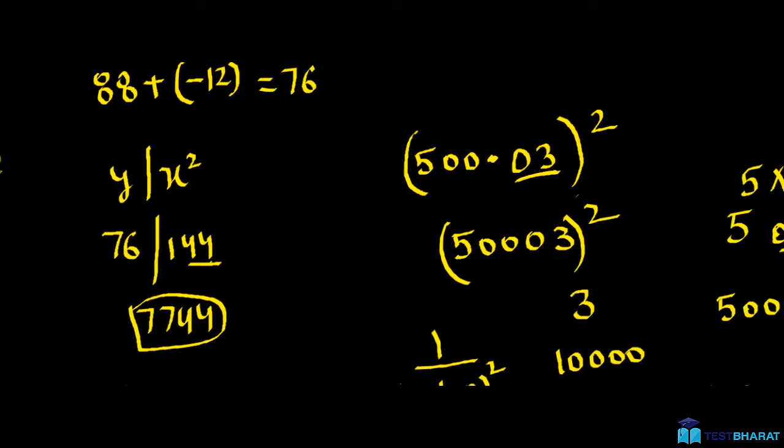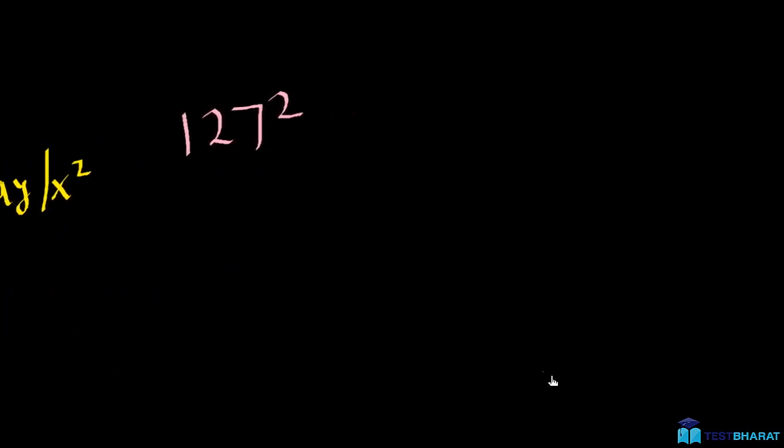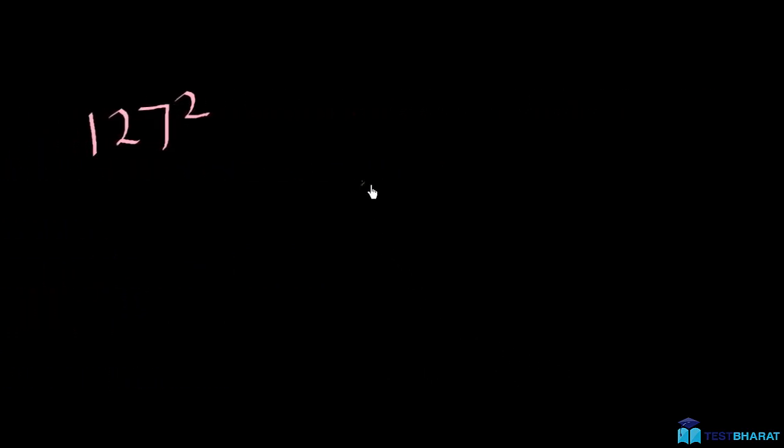In the last video we ended up calculating the square of an 8-digit number using this method. The tricky part in this method is knowing what base should be taken. Let's say I have to calculate 127 whole square. Either I can take a base of 130 or I can take a base of 100, right?